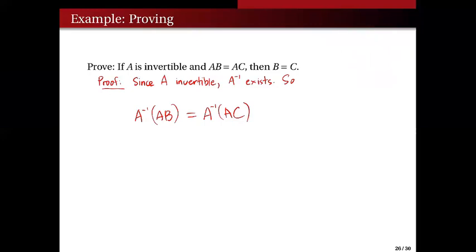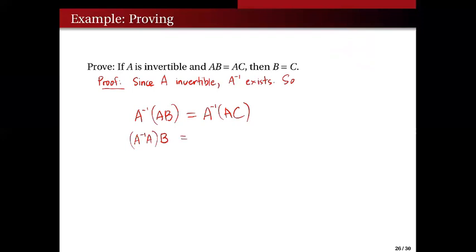Anyway, so we have this. We use the associative property, meaning we can regroup this. We now have A inverse A, we multiply that, and then we have B in here.